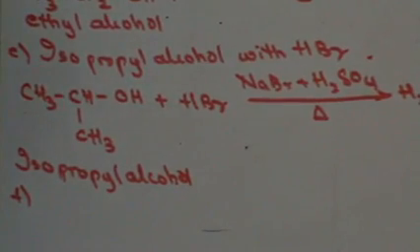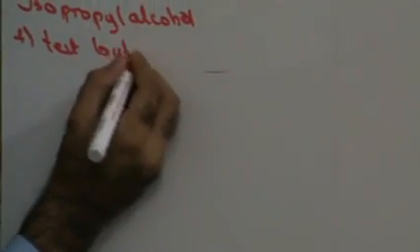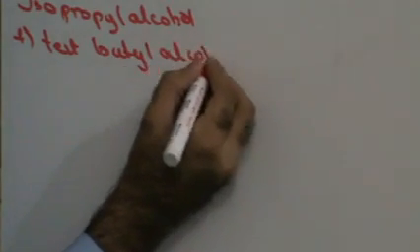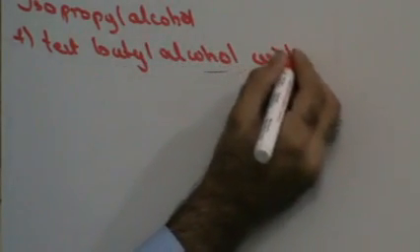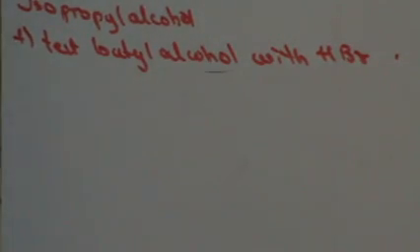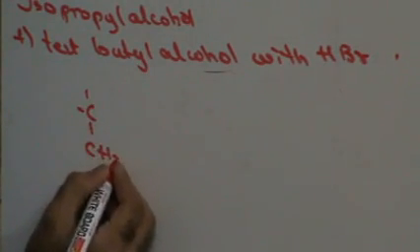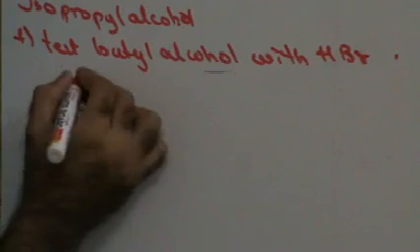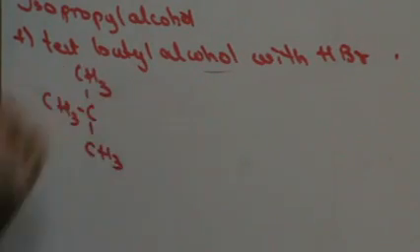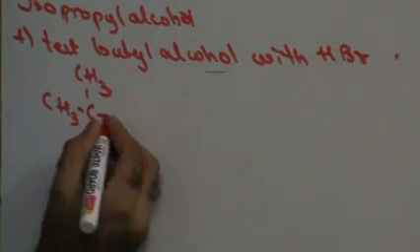Next, let's see another reaction of this kind. Say, what happens when tertiary butyl alcohol reacts with HBr, hydrogen bromide, right? Tertiary butyl alcohol with hydrogen bromide. Tertiary butyl, 4 carbon atoms, right? That's my tertiary carbon atom.